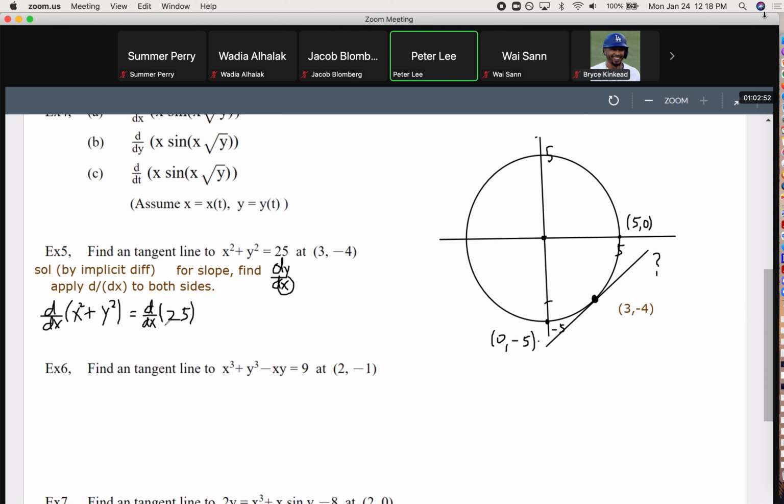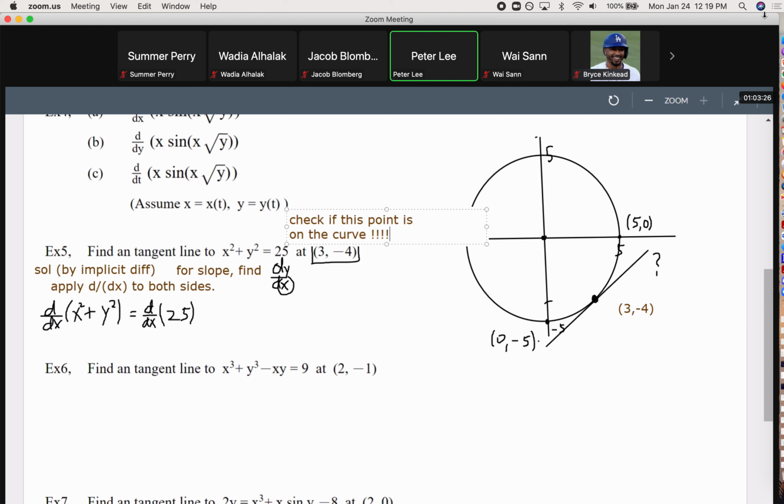Oh, by the way, before we start the problem, one thing I ask you to do all the time, whenever you have a tangent line problem here and they give you a point, the very first thing is always what? Check if this point is on the curve. On the last quiz, some of you did not check.